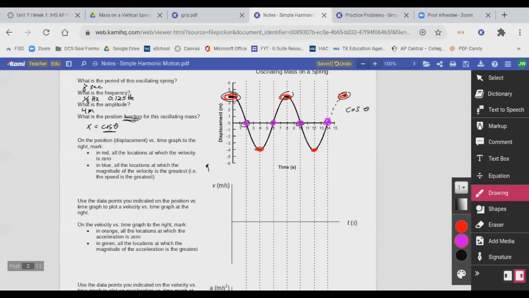Using the data points you've indicated on the position versus time graph to plot a velocity versus time graph on the right. Okay, so we need to plot a new graph, and this one's going to be velocity. Well, if we know the starting point at the beginning, the velocity was 0. So that means this one has to start at velocity 0, right? Because the position graph starts at velocity 0. This one's going to start at velocity 0.